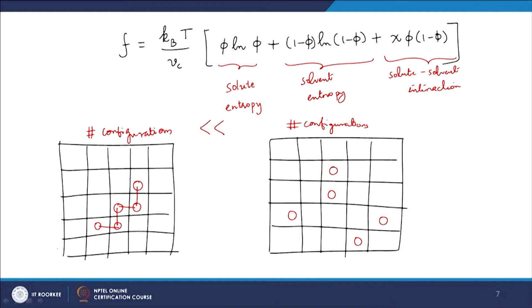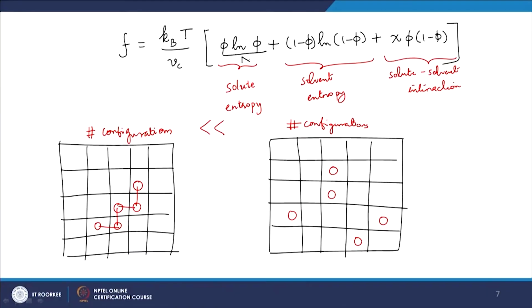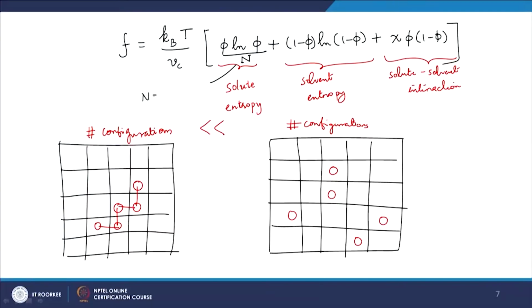So, what it turns out then is, if I want to go from this model, a liquid solution model, to a polymer solution model, all I have to do is simply divide the first term by n, because the polymer entropy is very reduced, very less compared to the solvent entropy, where n is the number of segments of polymer chain.